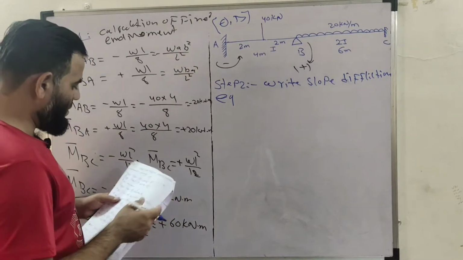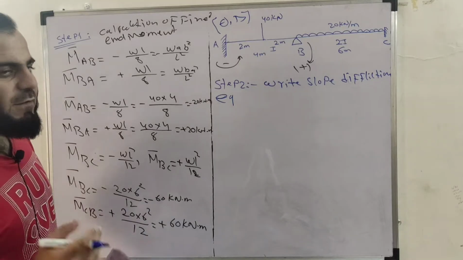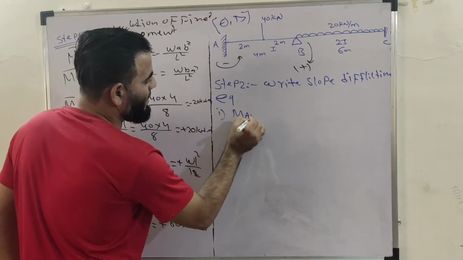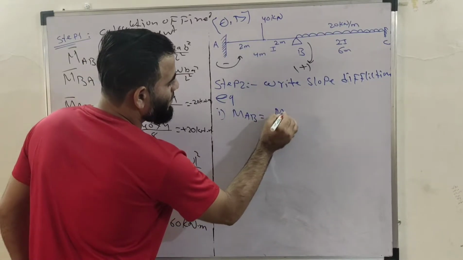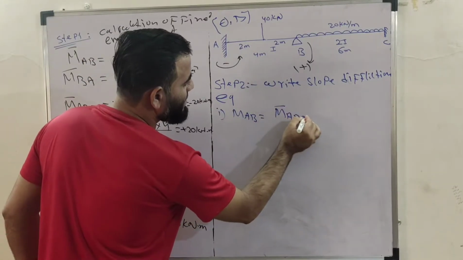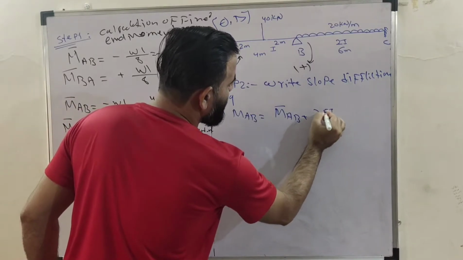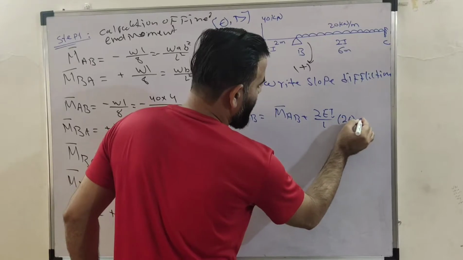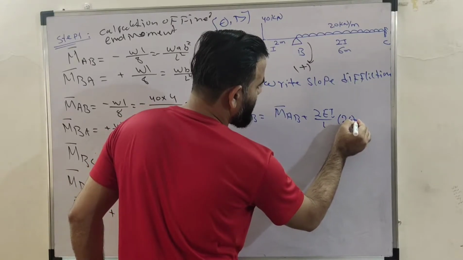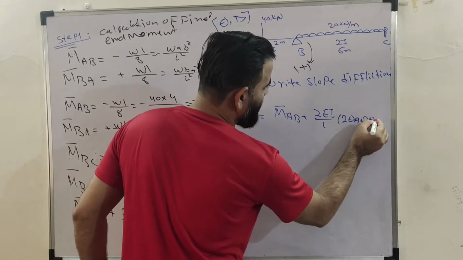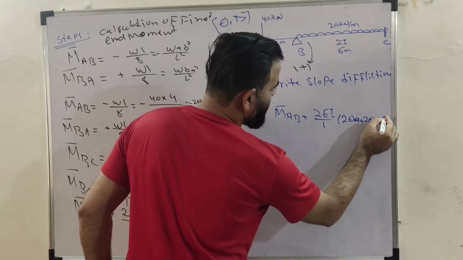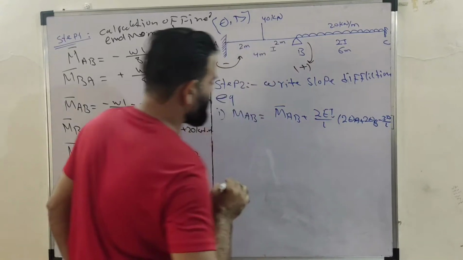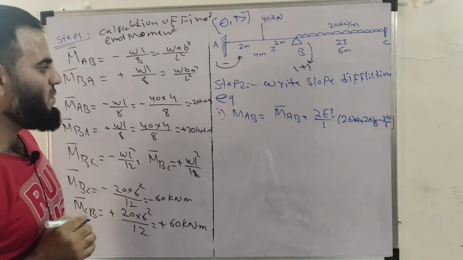Now we will find the final moment. For the final moment, the first equation is: moment AB is equal to moment AB fixed plus 2EI by L into 2 theta A plus theta B minus 3 delta by L. This is the equation we have.